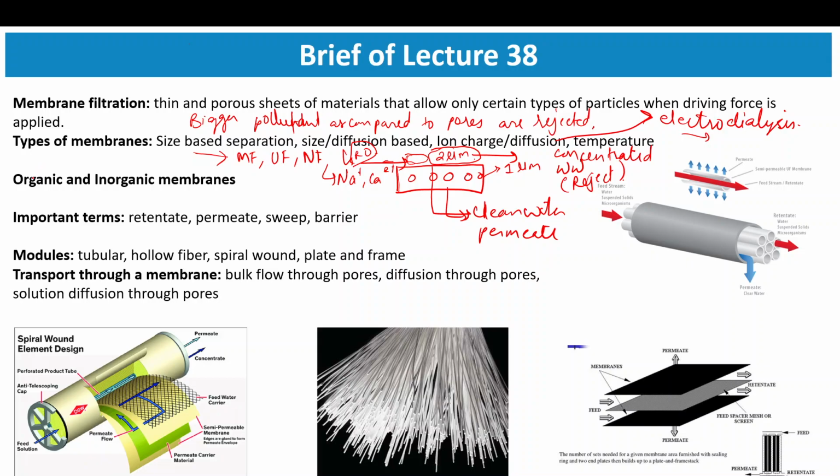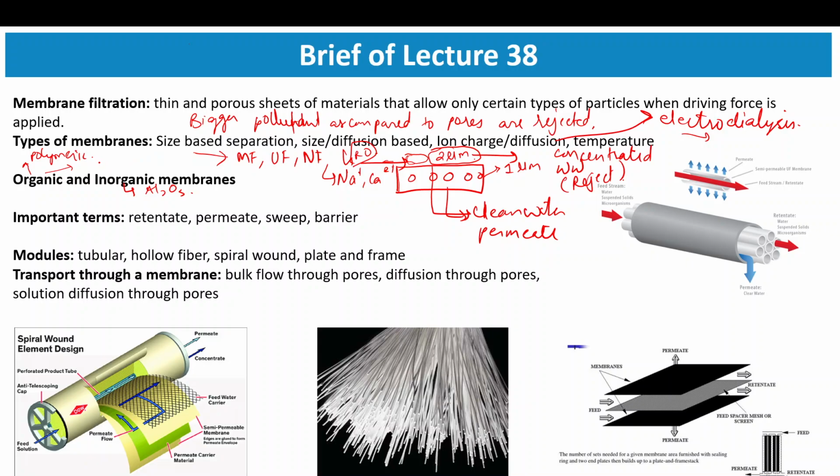Now organic membranes are nothing but polymeric membranes, and inorganic are some sort of Al2O3 or ceramic membrane. Some metals will be used. Polymeric membranes have a lower range of temperature operation, and also a limited pH range.